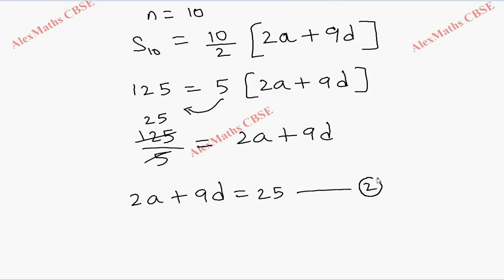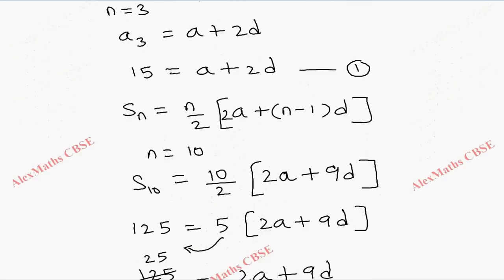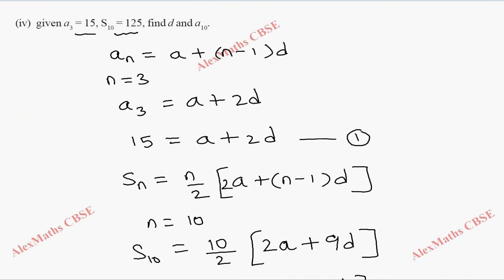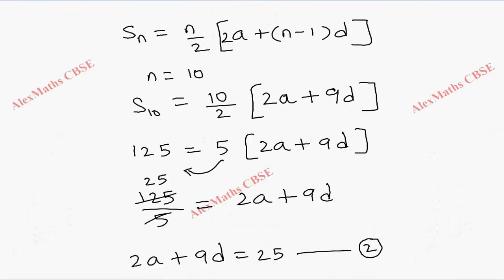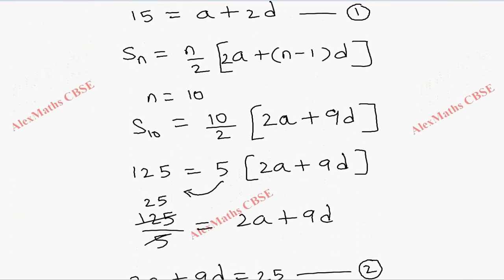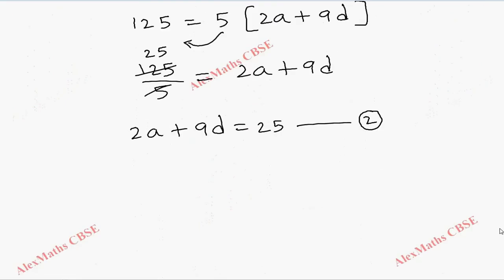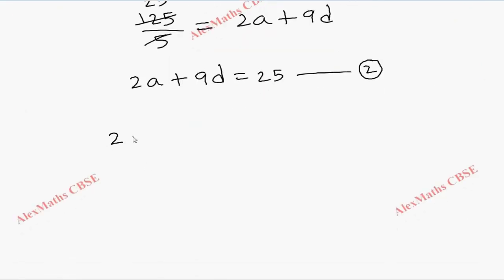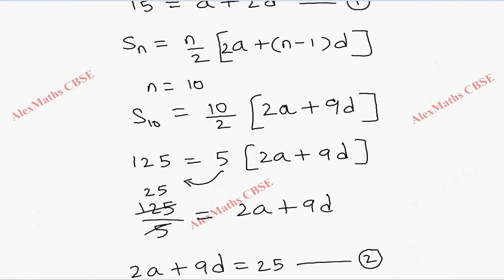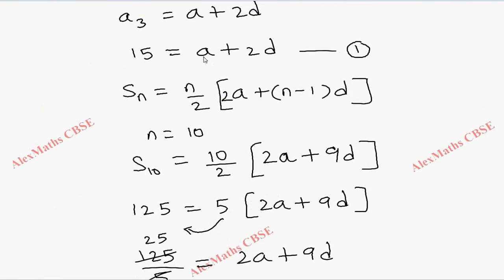Now we are going to solve these two equations, first and second, to find the value of A and D. So let's write the equations one below the other. Let's write the second equation as it is, that is 2A plus 9D equal to 25. And now the first equation, we have to multiply throughout by 2, then only we get 2A.